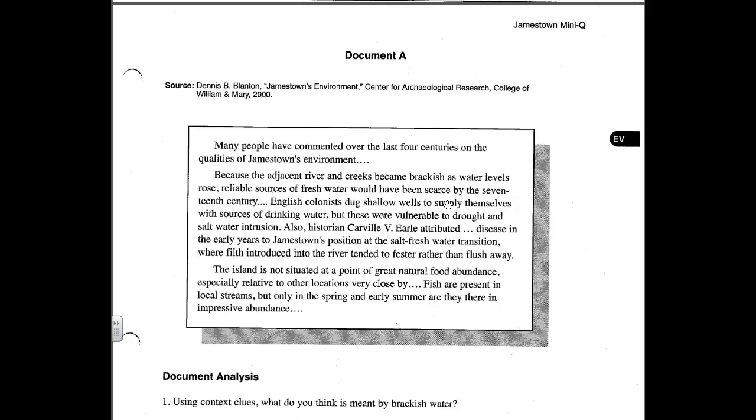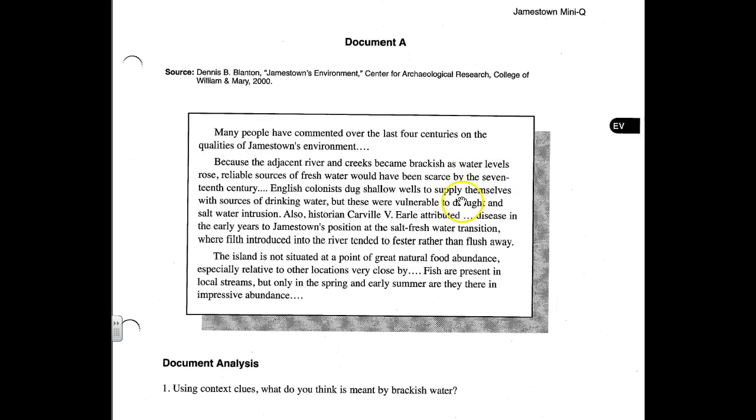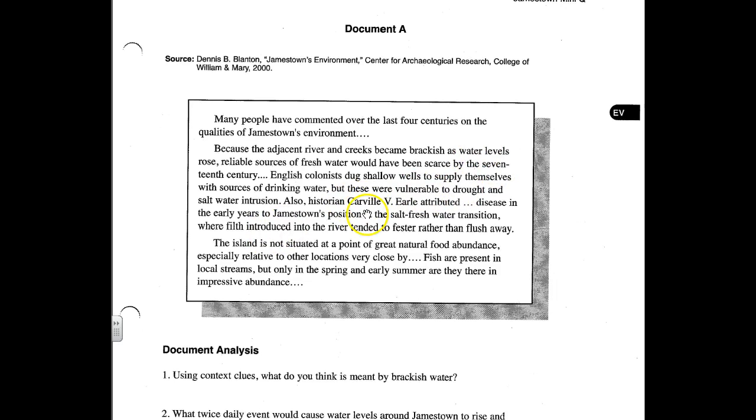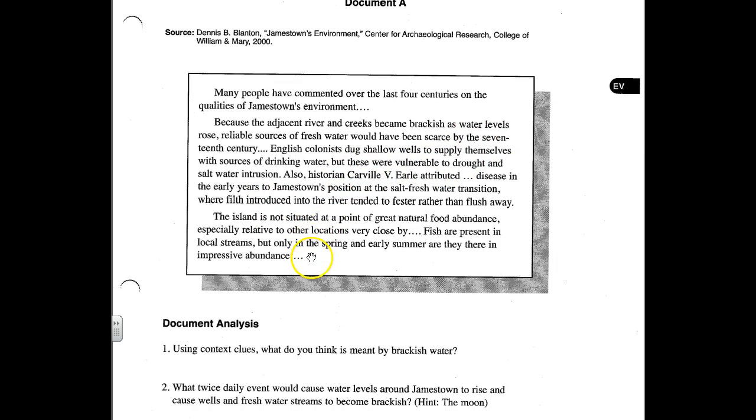The water near the fort was full of slime and filth and resulted in many deaths due to dysentery, salt poisoning, and typhoid. Many of the deaths that occurred more than 12 months later, during the starving time, appear to be the result of food shortage due to drought. So there are some content notes on the early settlement at Jamestown. Now let's take a moment to look at the document analysis questions at the bottom of page 55.